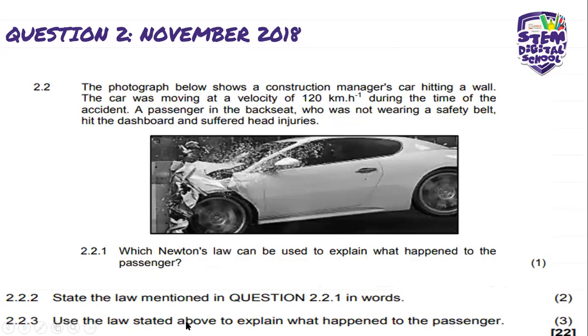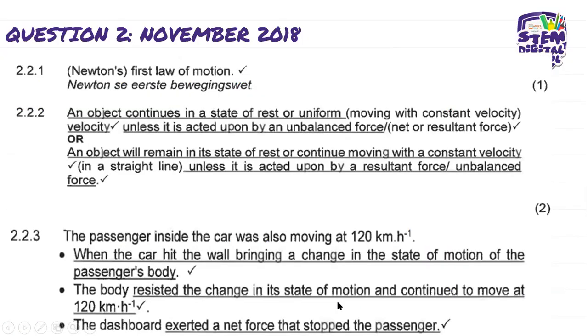Right. Use the law stated above to explain what happened to the passenger. Now, we know the passenger was definitely moving at 120 kilometers per hour. How do we know that? Because the passenger will move at the same velocity as the car.